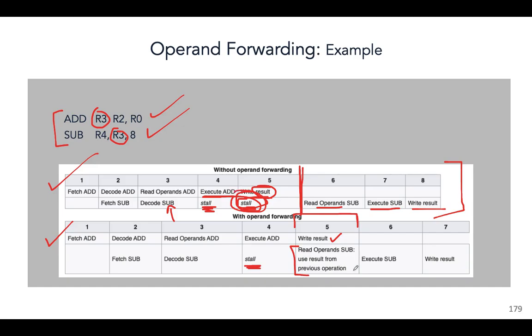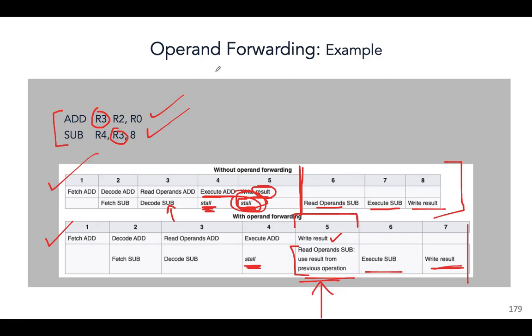Before writing completes, the add instruction can just forward the operand R3 to the subtract instruction so that subtract can also start its operation. Now, subtract has read the operand which was given to it directly by the add instruction, and then in the 6th clock cycle, subtract is executed, and in the 7th clock cycle, subtract has already completed writing its results. So this is what happens with operand forwarding.